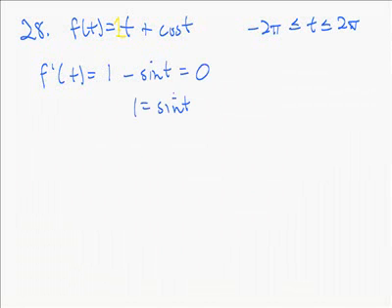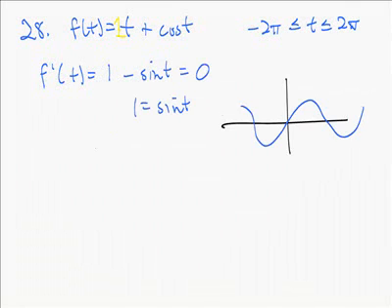Well, what does sine look like? Sine, you remember, looks like this, and like this. So this is at 0 here, and this is at 2 pi, and this is at negative 2 pi. So where does sine equal 1?